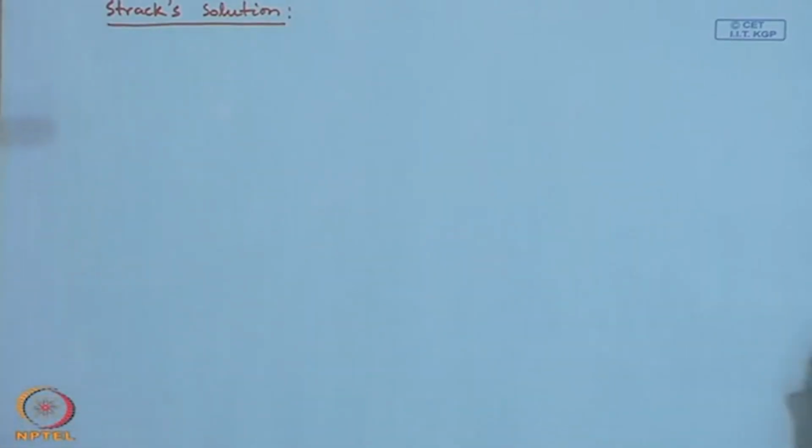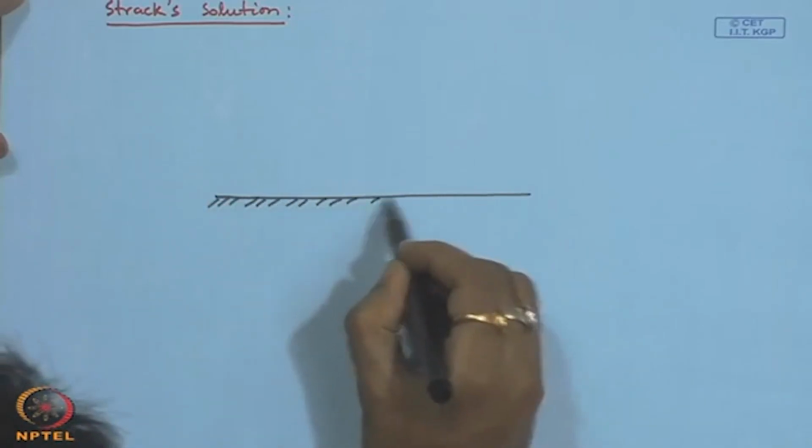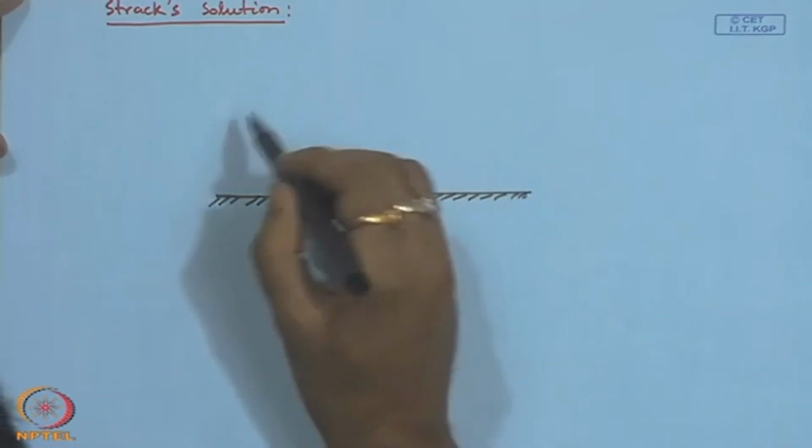In Strack's solution, we consider two different zones for modeling our saltwater intrusion problem. In our three consecutive derivations, that is for confined, unconfined aquifers and oceanic islands, we have talked about single zone modeling, but in case of Strack's solution, we consider a two zone model for problem solving in saltwater intrusion modeling.